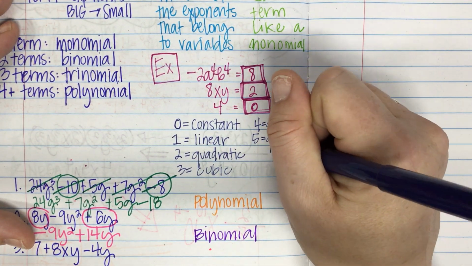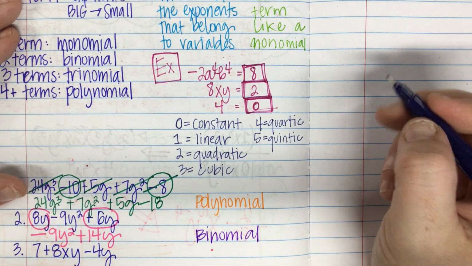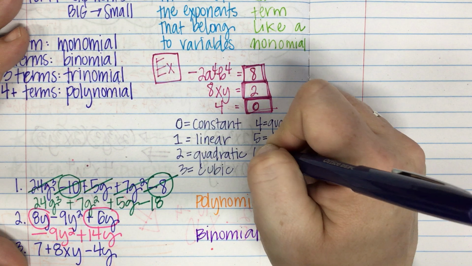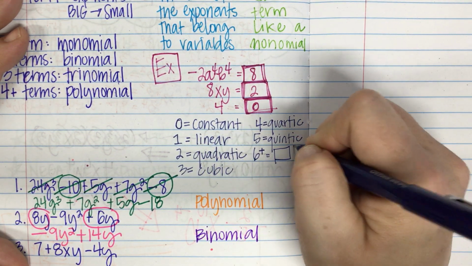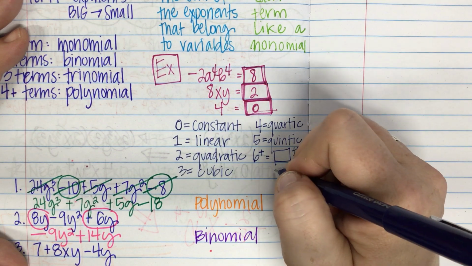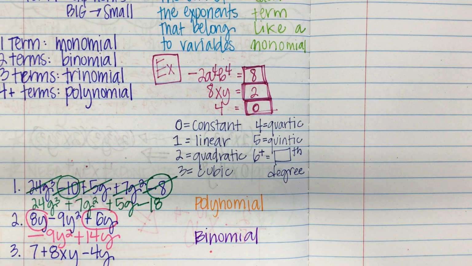Quintic. And then we give you a break. 6 or higher, it's called the blank degree: 6th degree, 7th degree, 8th degree, 42nd degree.